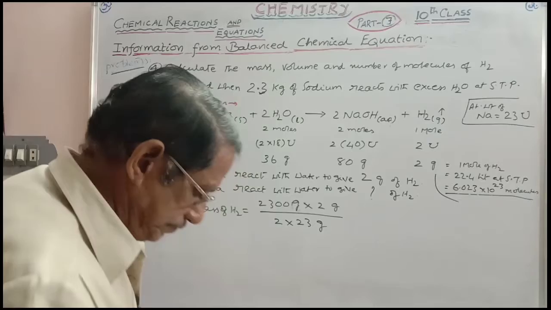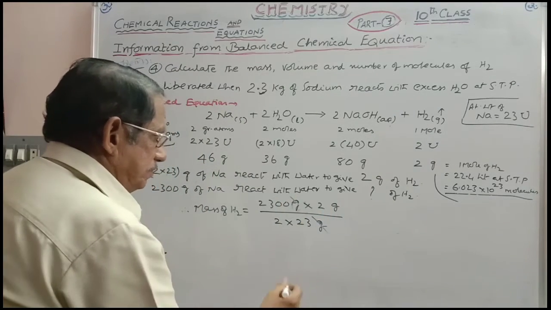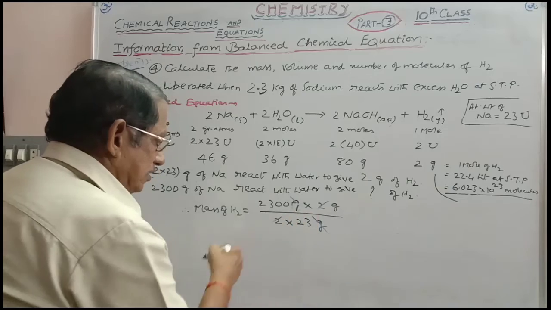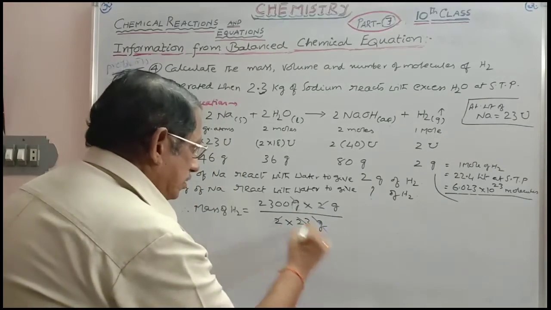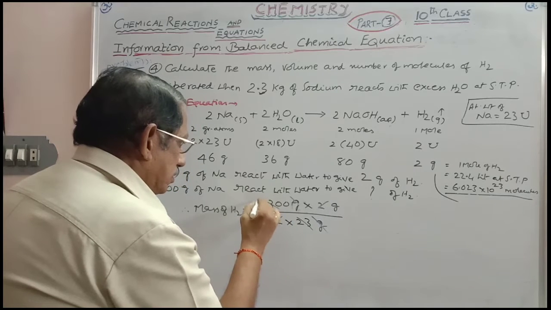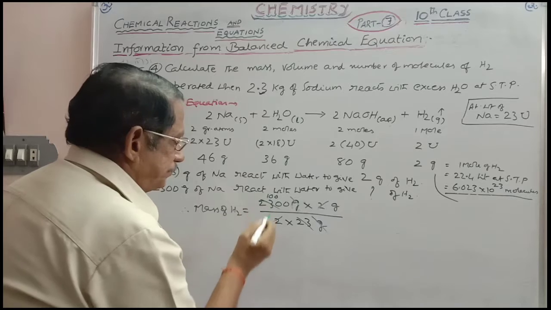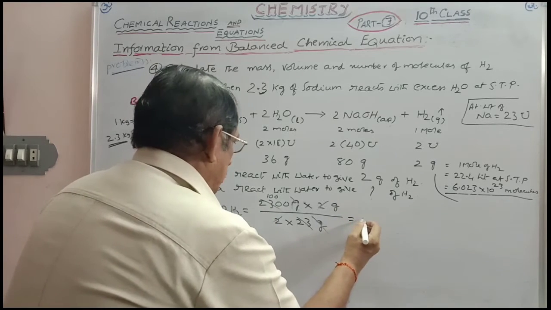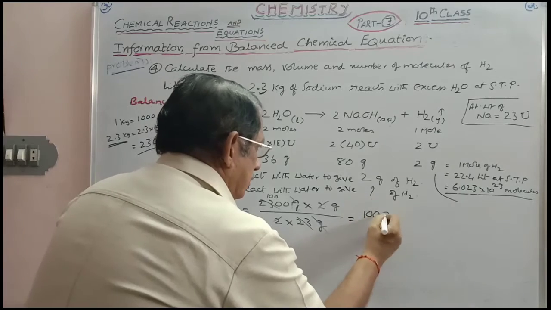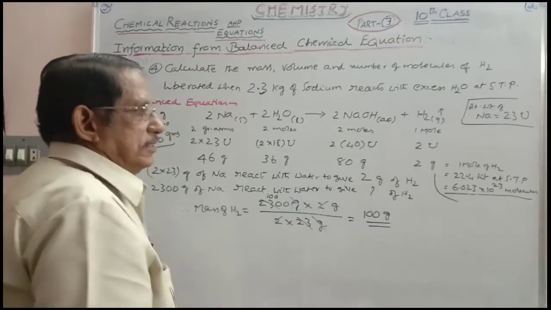And here grams cancel, 2 cancels, and 23 strikes it out, into 100 times. So this is equal to simply 100 grams. So the mass of hydrogen obtained is equal to 100 grams.